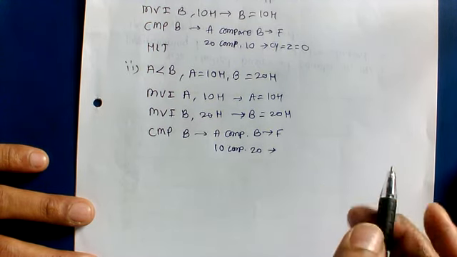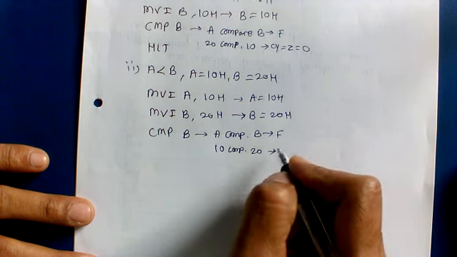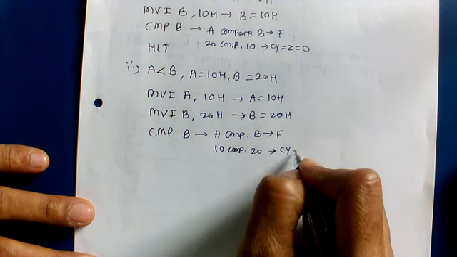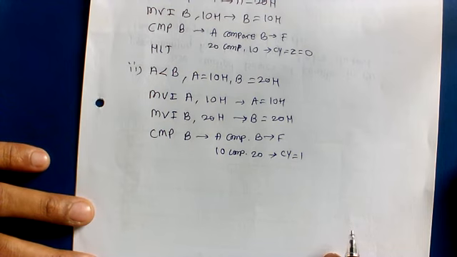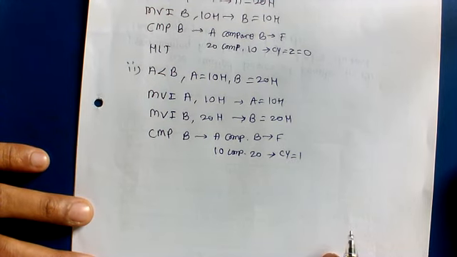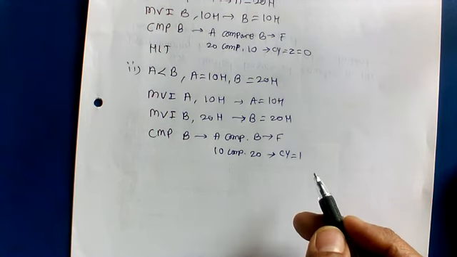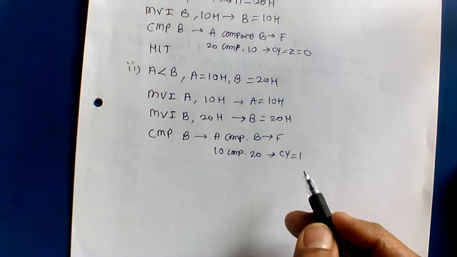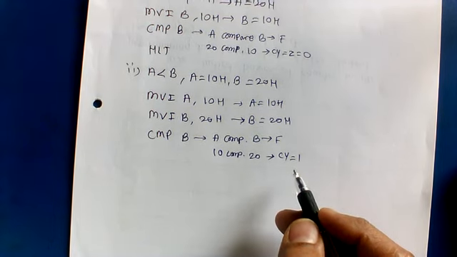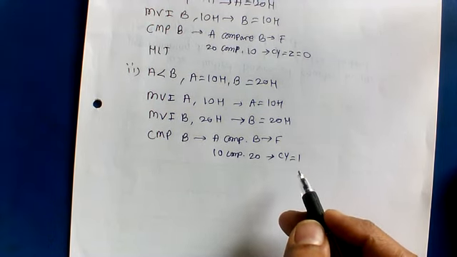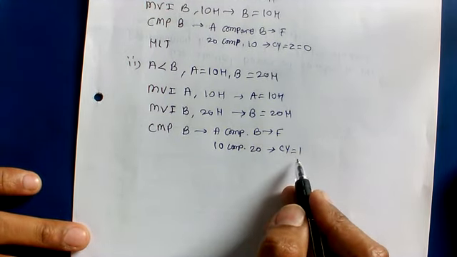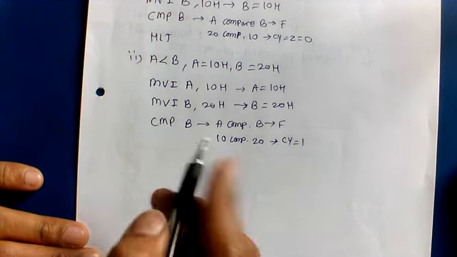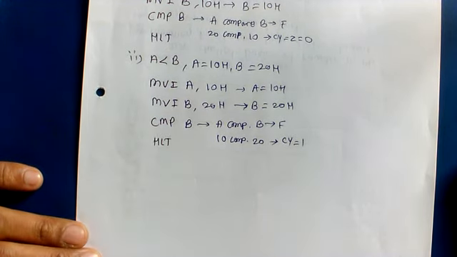So here you will get carry flag equal to 1 to indicate accumulator content is smaller than B register content. Why we are getting here carry 1? Because smaller number minus bigger number, which indicates negative number. Okay. So this carry 1 means accumulator content is smaller than B register content. And last instruction is halt instruction.